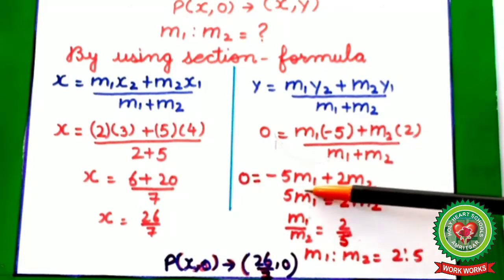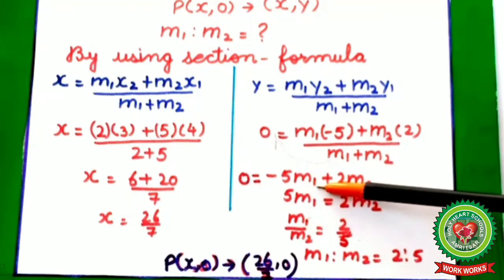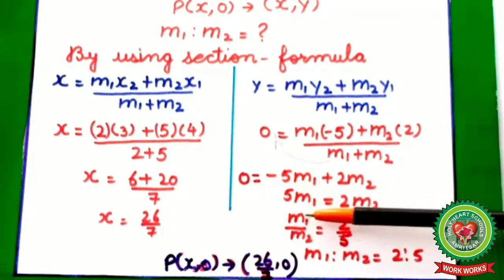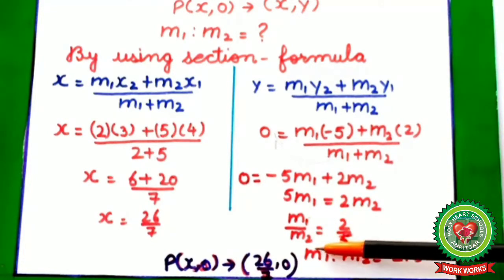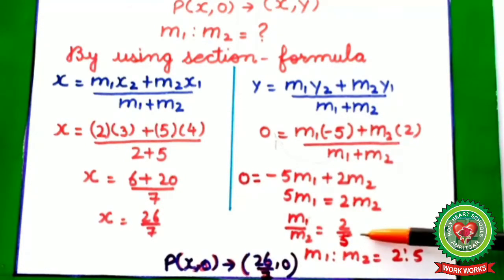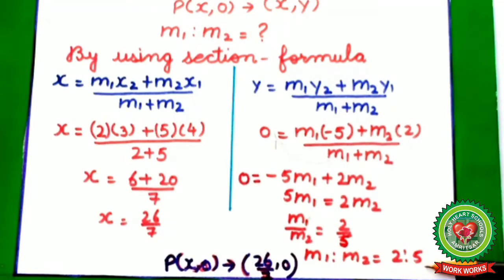Now after shifting, minus 5m1 changes into plus. So 5m1 equals 2 times m2. Now m1 upon m2 equals 2 upon 5. Therefore, m1 ratio m2 is 2 ratio 5.